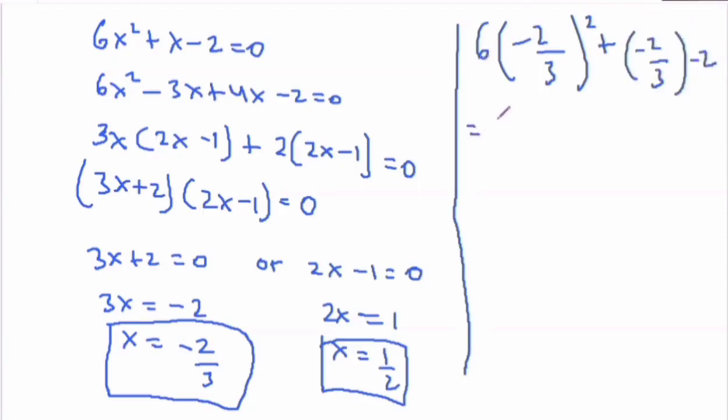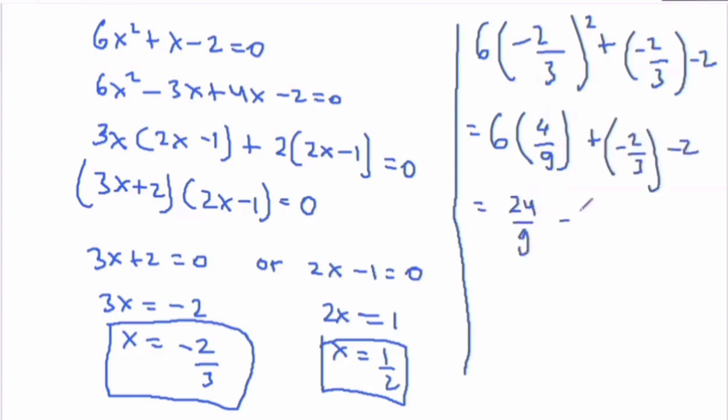Minus 2 over 3 squared means minus 2 over 3 times minus 2 over 3, so 4 over 9. So we get 24 over 9 minus 2 over 3 minus 2.